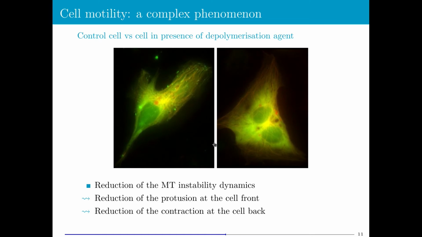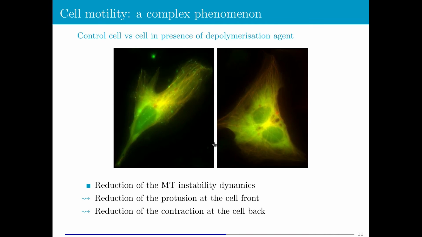So first here you see two movies. On the left you have a control cell, so no drugs. And on the right you see cells with drug. This is a depolymerization agent here called vaflunin, if I'm not wrong. So you see that in that case, the migration speed decreases.